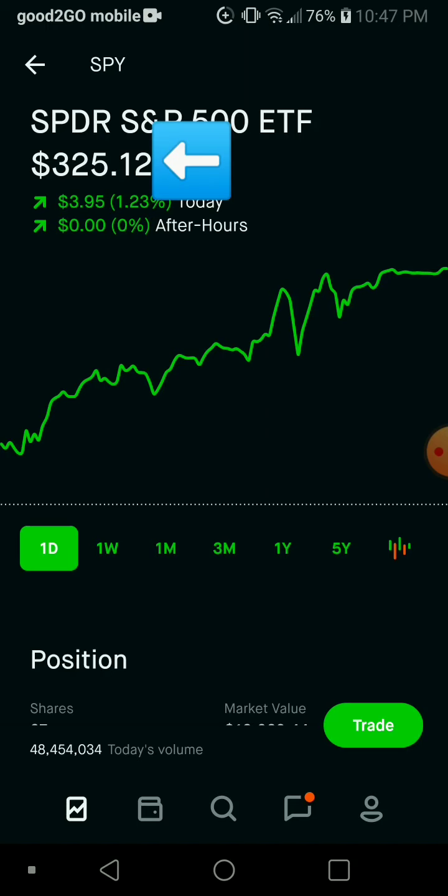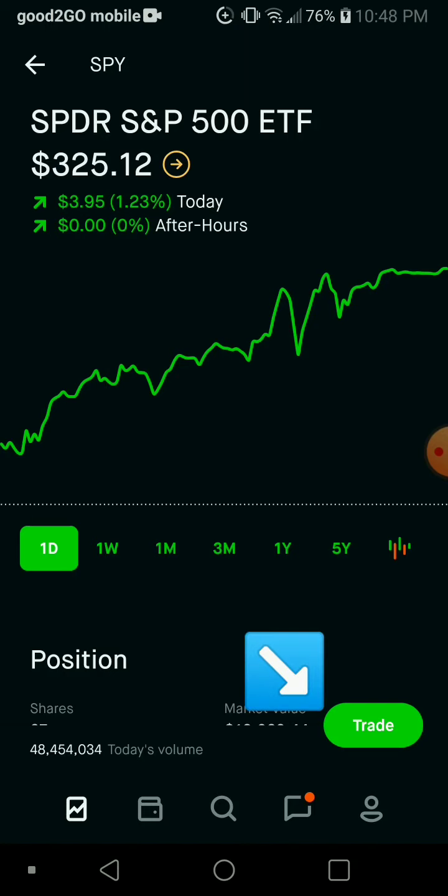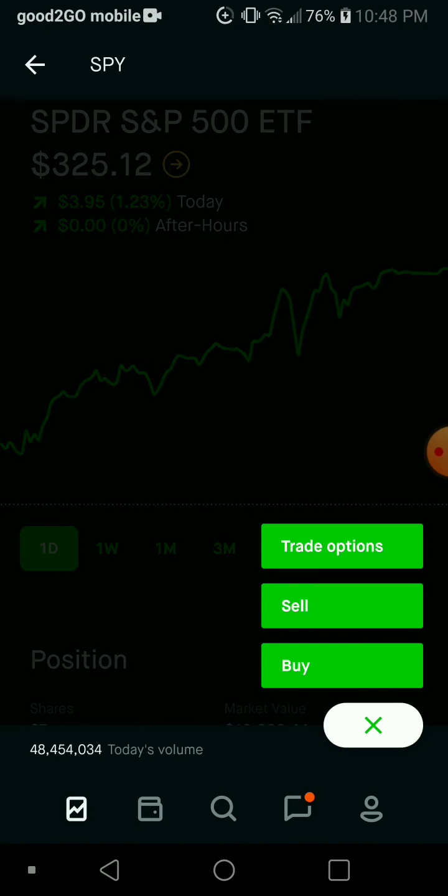If I make an order to sell, it will send the order to the trading platform and it will take a few seconds. So you'll see the price will be close to the current price, which is 325.12. How to do that? We first go to the bottom left side where it says trade, and we choose whether it's buy or sell, either one.